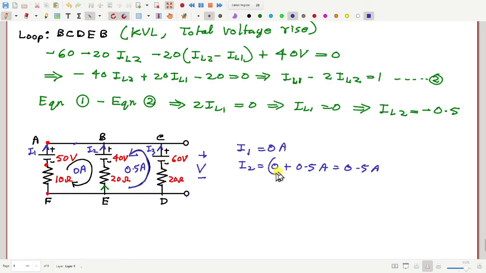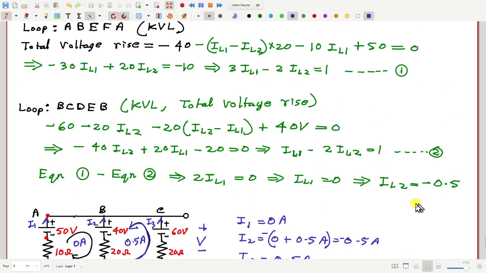Then you can calculate how much is V, capital V. That will be 60 volt minus 20 ohm into 0.5 ampere. So 60 minus 10, 50 volt. Same as what we got earlier.